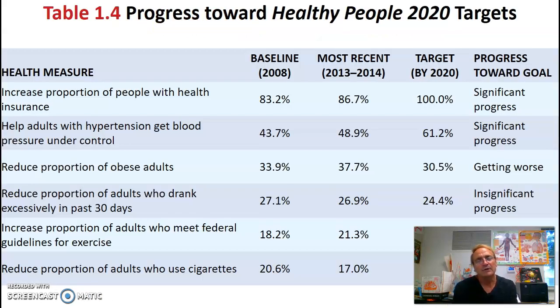And again, these are progress towards getting us more in tune with our health and insurance, and what is a good blood pressure, and how to reduce our obesity rates, and trying to do things that progressively help us stay a little healthier over time.